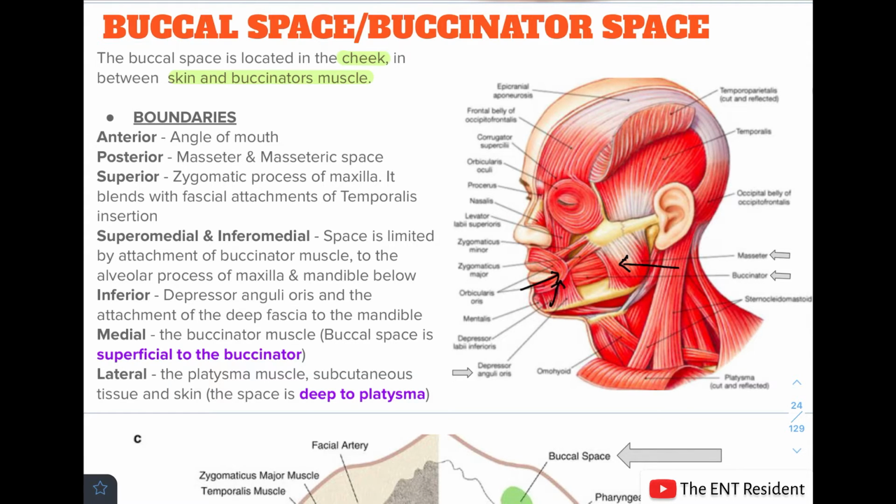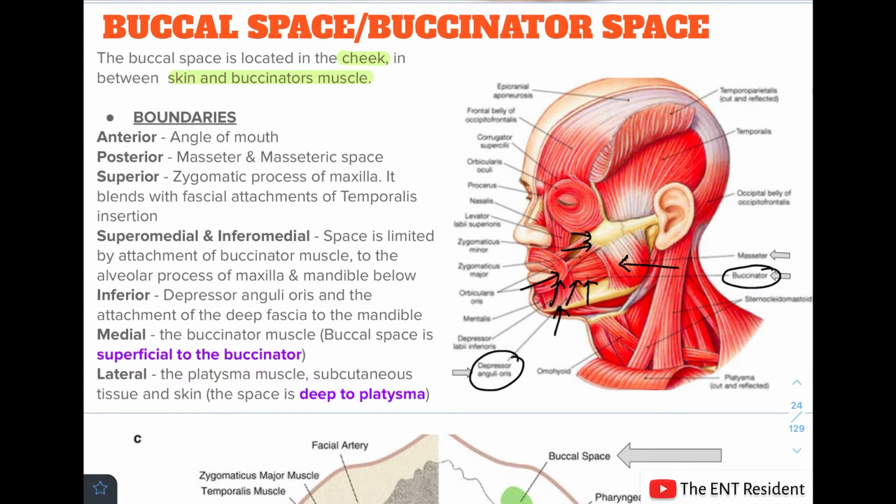Superiorly is the zygomatic process of the maxilla, which blends with the fascial attachments of the temporalis insertion. Superomedially and inferomedially, the space is limited by the margins of the attachments of the buccinator muscle, as over here. Inferiorly lies the depressor anguli oris, which is right over here.